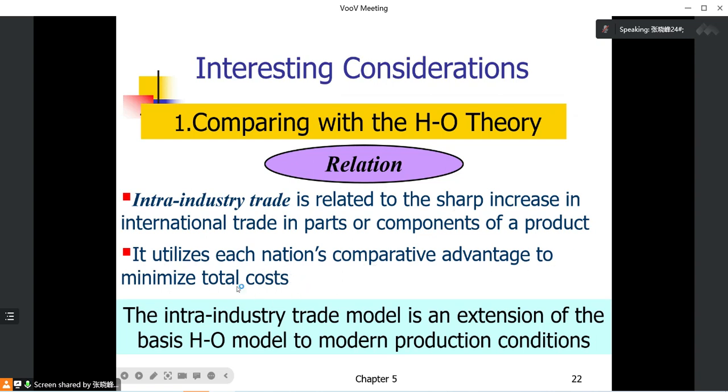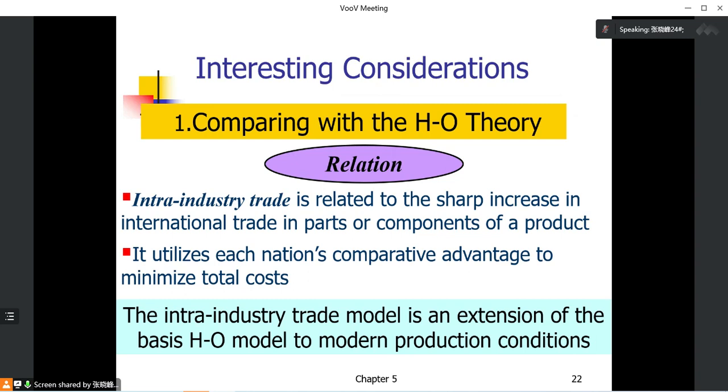Now I give you an example, such as Airbus production. French President Macron is now paying a visit to China, and he agreed to build the second assembly line in Tianjin.